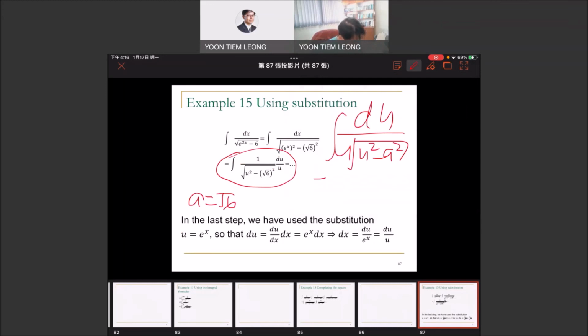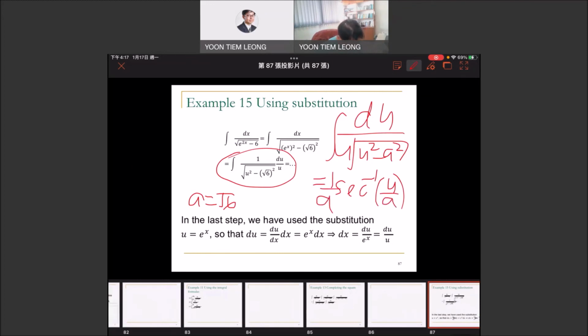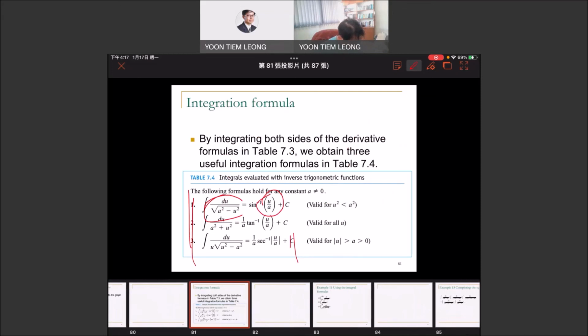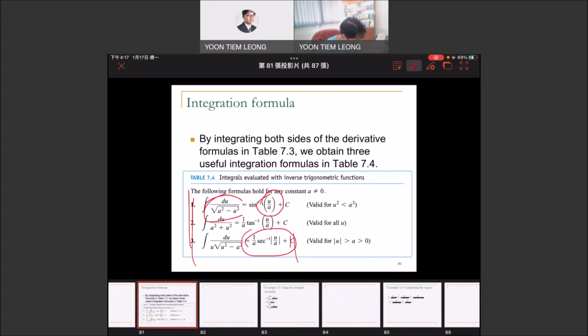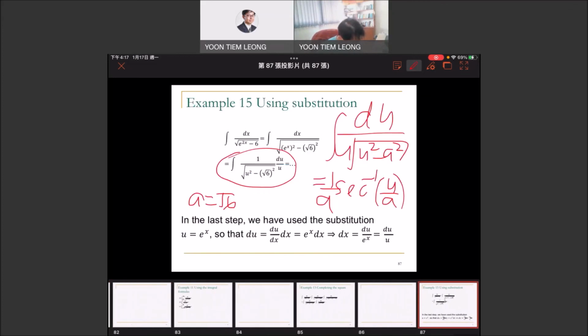Then the answer for this is the arcsecant of u over a, with a factor of 1 over a. So that is the formula for this particular case, right? That gives you 1 over square root of 6 times arcsecant of u over a.